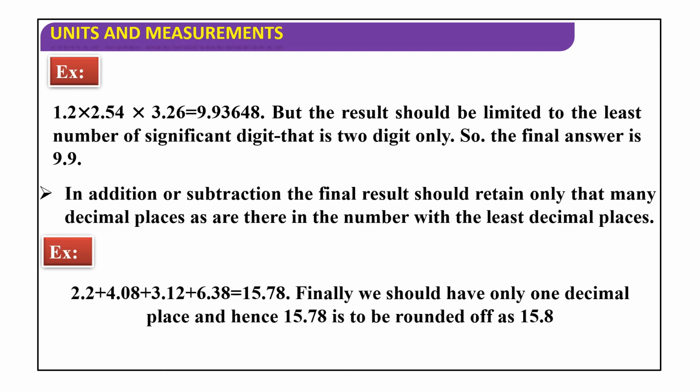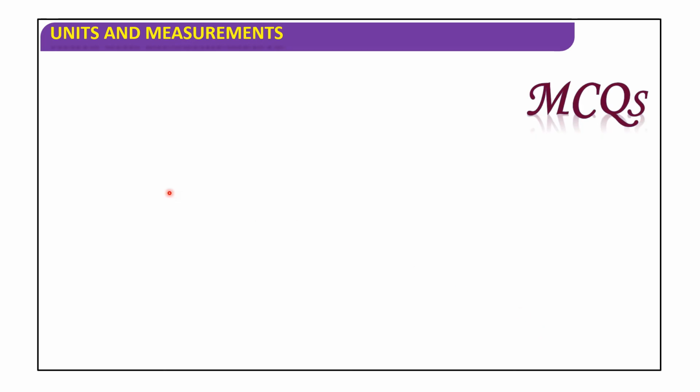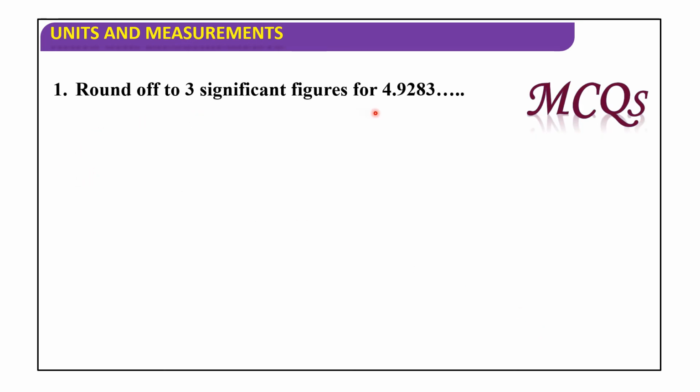Okay. Now, I'll discuss MCQs. Round off to three significant figures for 4.9283: options 4.92, 4.93, 4.94 and 4.91. So the round off to three significant figures for 4.9283 is 4.93.